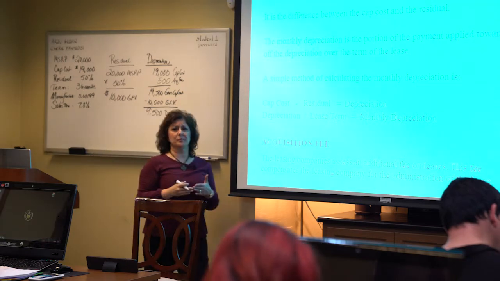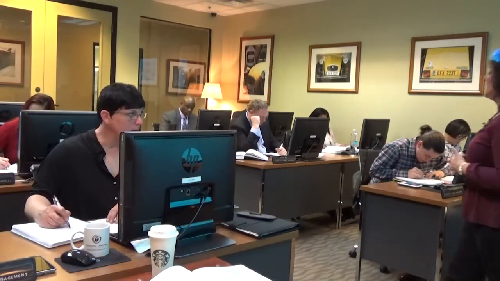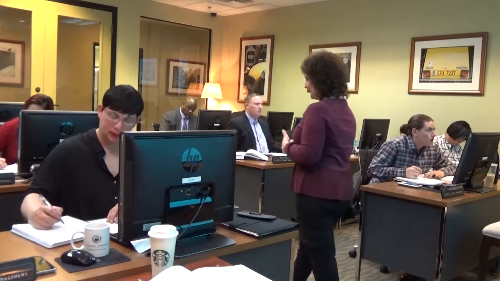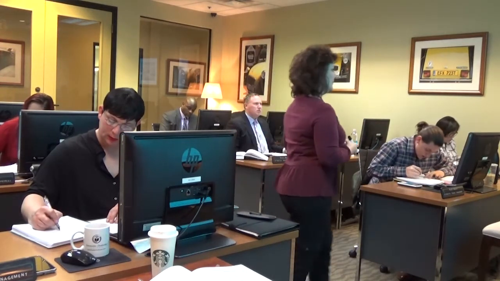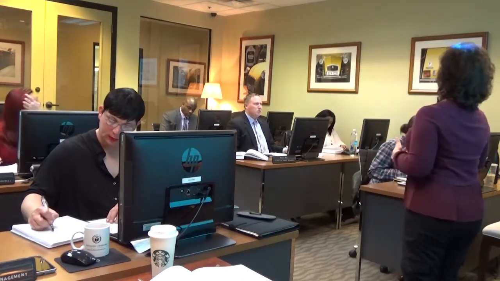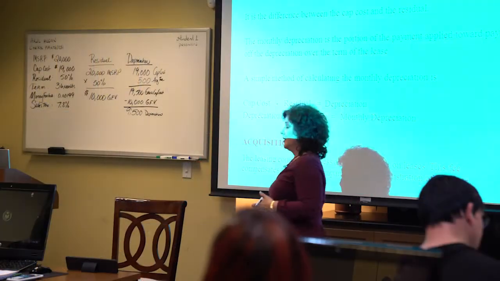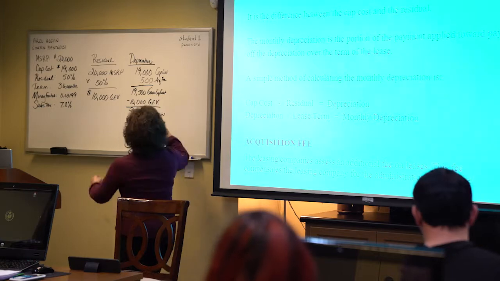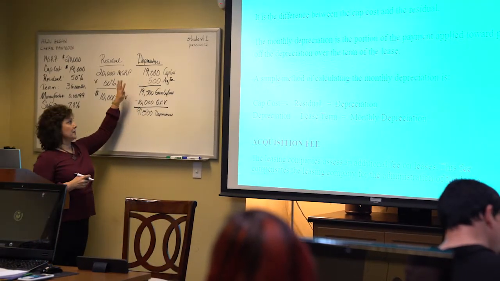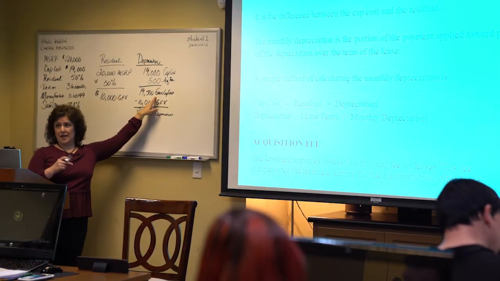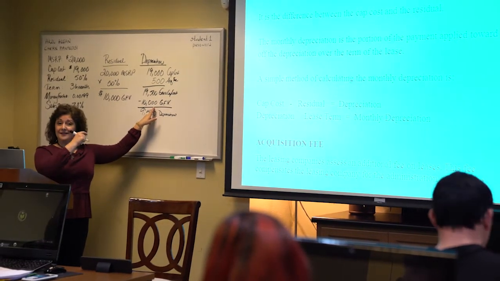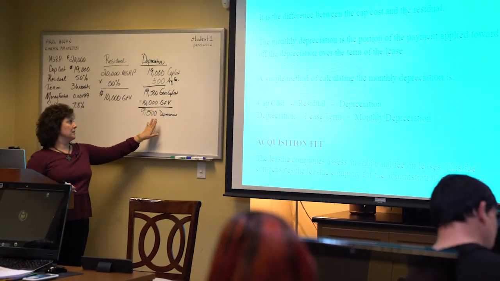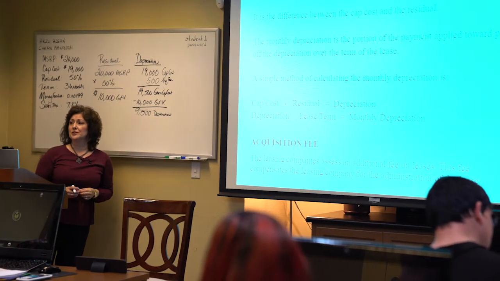This is the total depreciation this car will experience for the next 3 years. So cap cost plus acquisition fee of $500 gives me my gross cap cost, minus my guaranteed future value gives me $9,500 in depreciation.